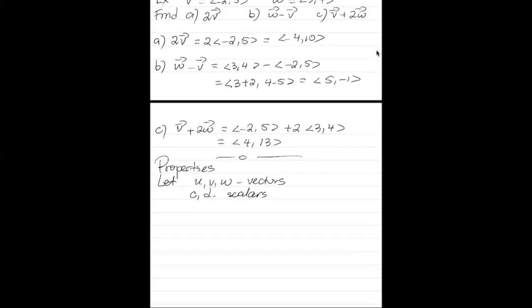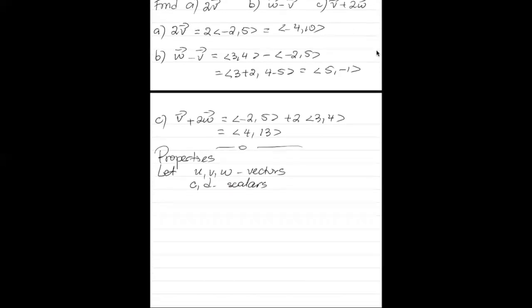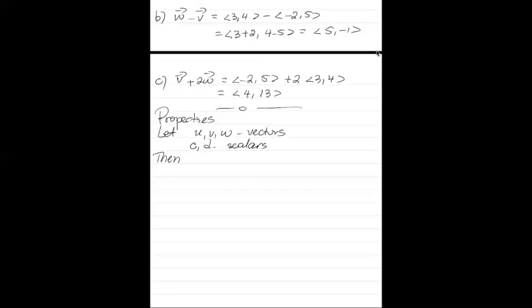Then we're going to write some properties here. Number 1, u plus v is the same as v plus u. So the order is not important when we add vectors. Now, if we have three vectors, u plus v plus w, how do we add them? It doesn't matter. We can add the first two and then the third, or we can add the second and the third to the first one.